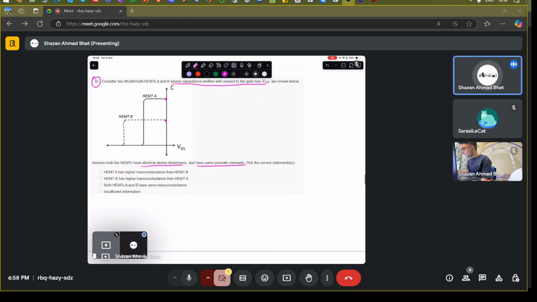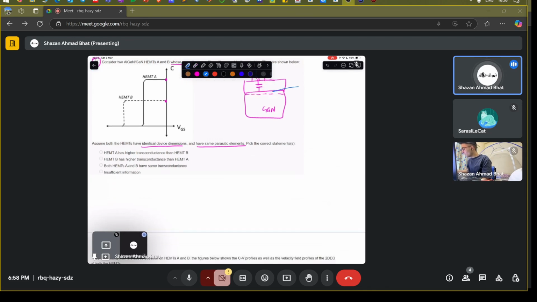Now, what is going to happen if you have a better gate capacitance? Let's say this is the gate, this is GaN, and this is the 2D electron gas. If you have better capacitive coupling, naturally your gm is going to be more. Why?